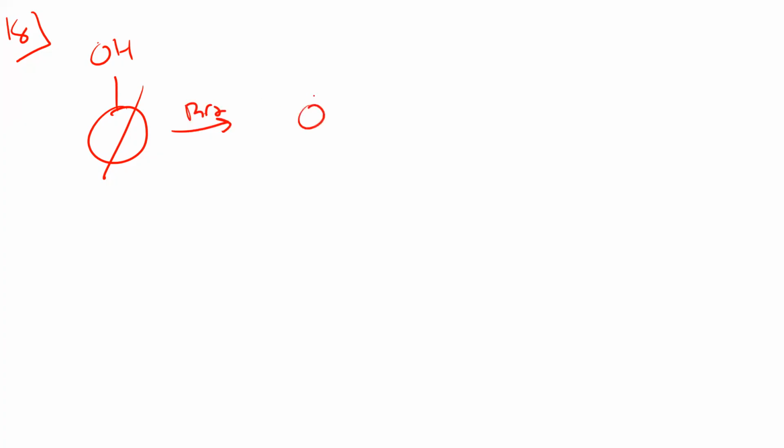So we have Br2. Now we're going to OH. It's going to be ortho-meta-para. So this bromine is going to be in the para position. I'm going to put a little P here so that you know that. Then we're going to be thinking about here for reagent 2. Let me think.